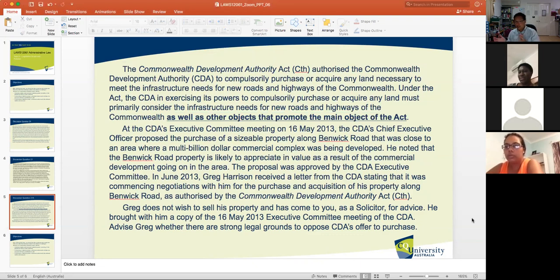So the question is that arguably that can fall under other objects that promote the main object of the Act. Okay, so how would that be another object that promotes the main object of the Act if they weren't going to use it for road building? I mean, would they argue that, well, if they can make money from it, they can use that money to then improve infrastructure? That's right. That could be an argument that could be made.